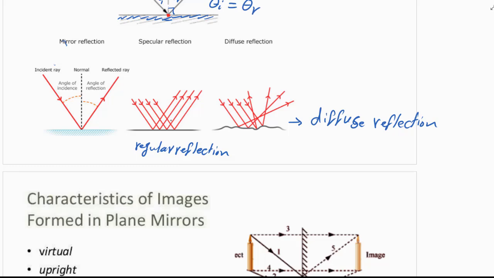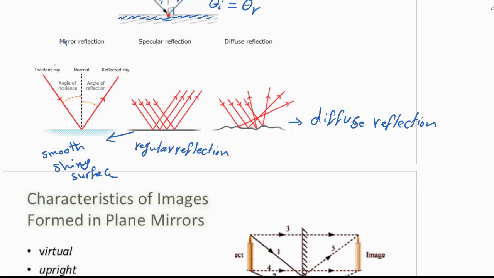Regular reflection depends on the reflecting surface. If the reflecting surface, as you can see here in this example, is a smooth, shiny surface, then this is a regular reflection.